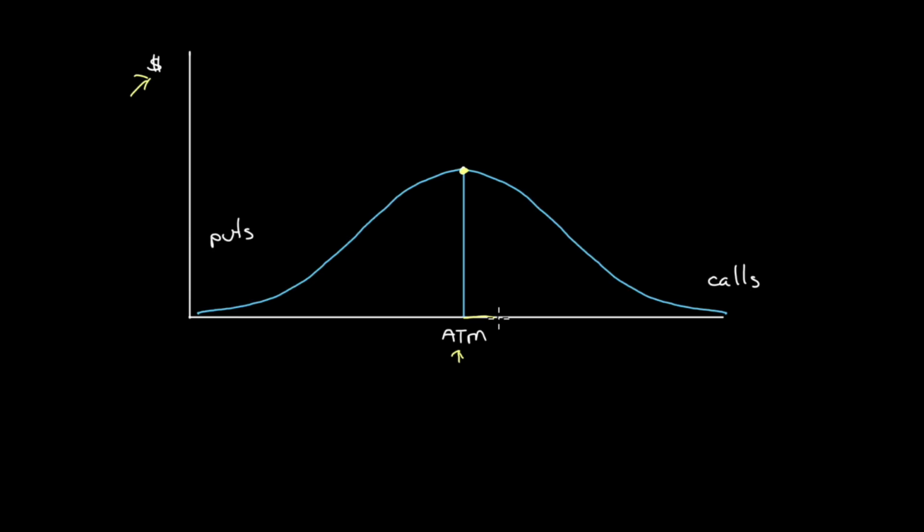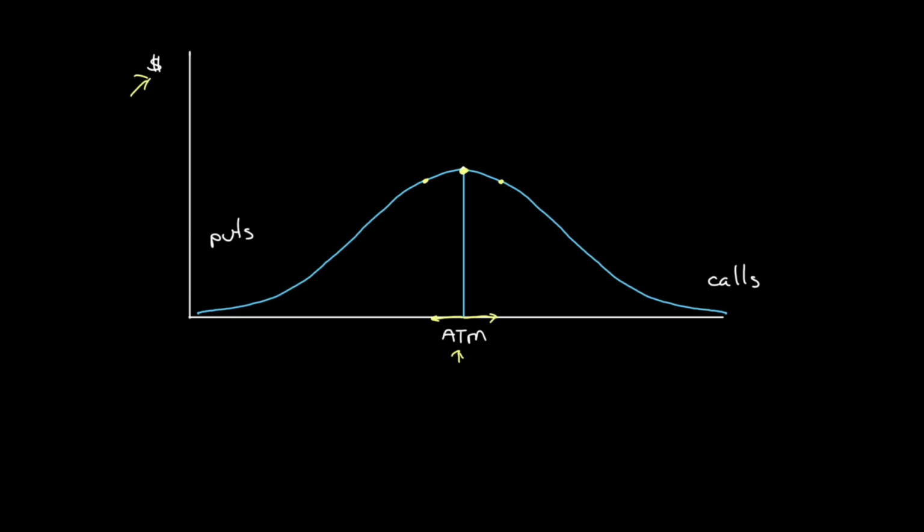If we move a certain amount of points away from the at-the-money strikes for calls and for puts, we should find that they have pretty much the same price as well, that we should have a symmetric distribution of pricing. What changes the shape is the supply and demand imbalances in the market, the demand for puts and the demand for calls.